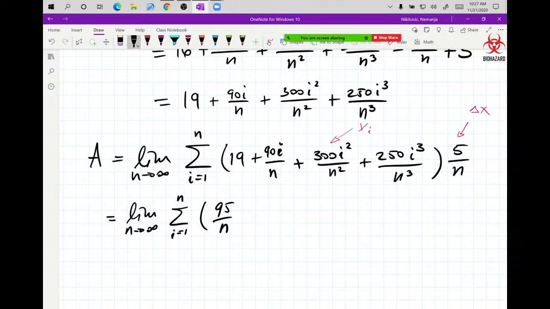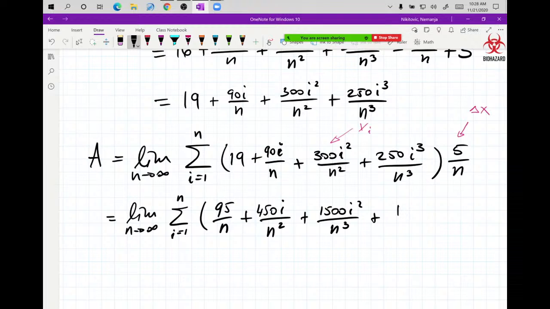So you subtract a 5 from 100 and get 95. Okay, plus 450i over n squared plus 1500i squared over n cubed plus 25 times 5 is 75, and then there is a 0. No, those are lies. Those are lies.